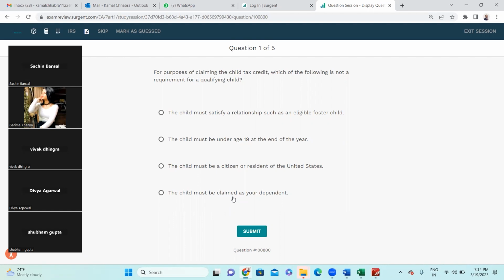Option D. Why? Sir, relationship should be there, age is there, status same question, sir. No, what is the call of the question? Which is not a requirement for a qualifying child? Second, it should be age 18. Should be age 18. Yes. Second. Why?